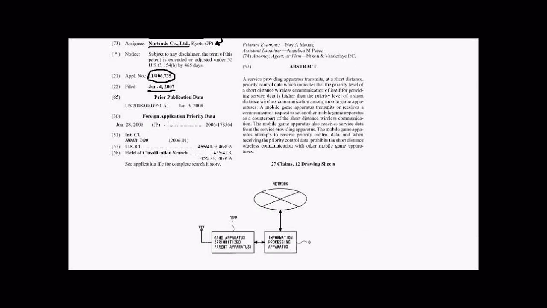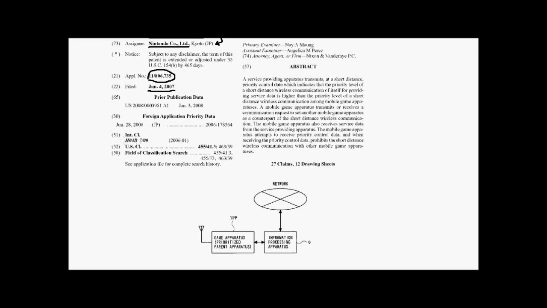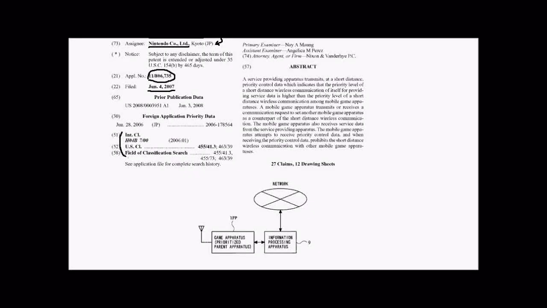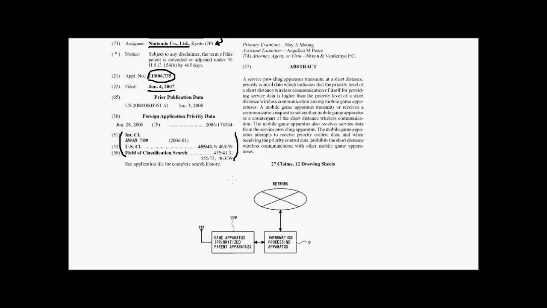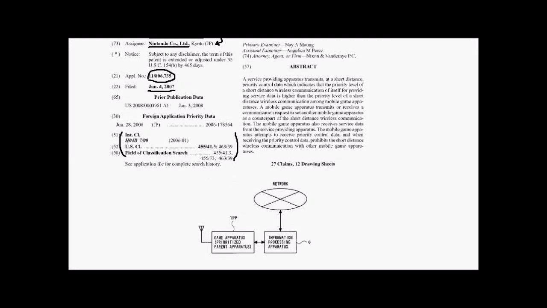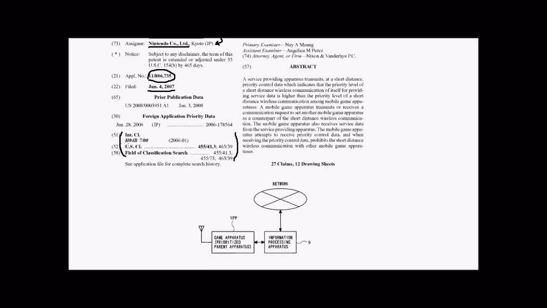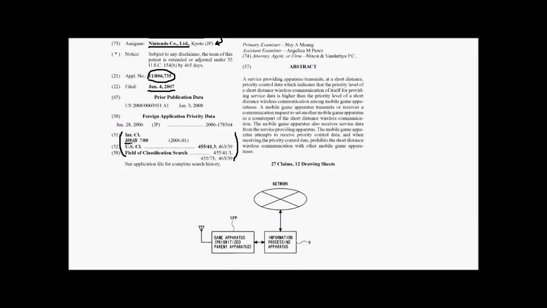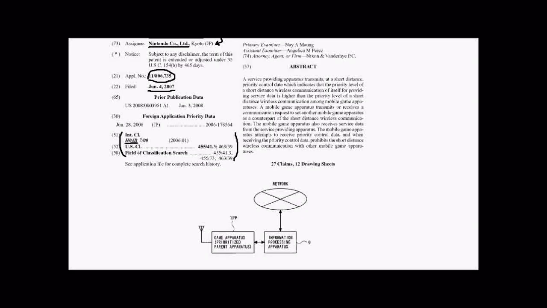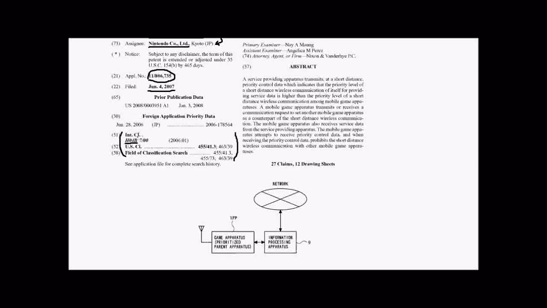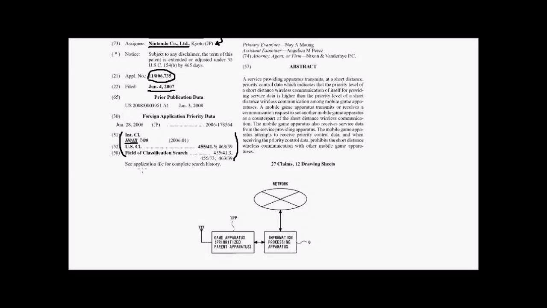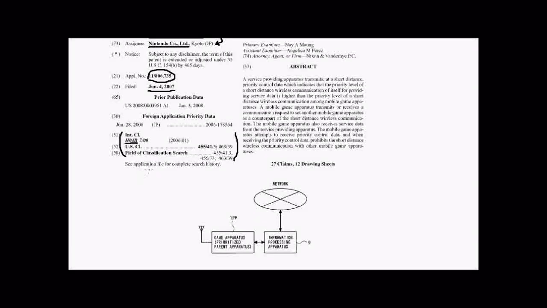I will briefly touch upon the classification here, which is the classification of the invention. So you can see that the international classification of this patent is under H04B, and this is the broad class, and this usually is for computers and mobile phones related inventions.